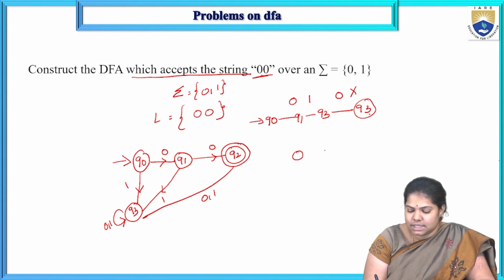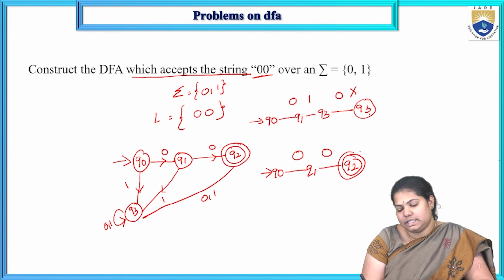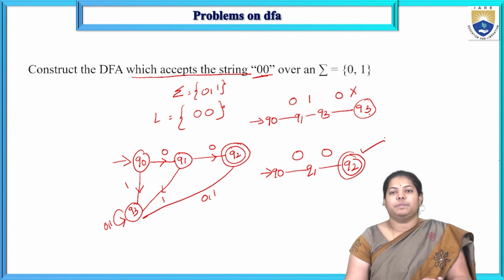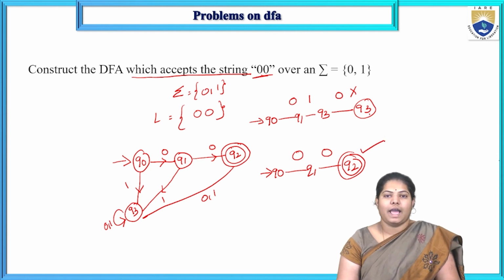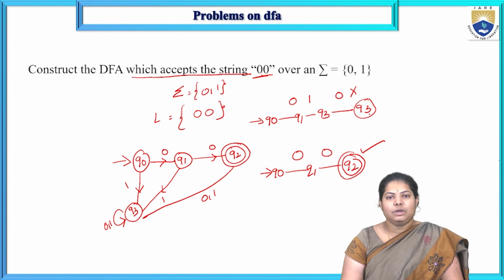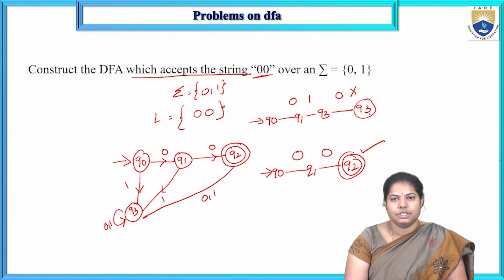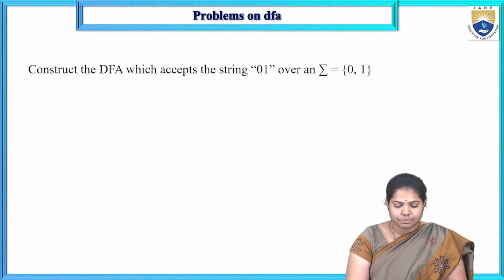If I check the string 0 0, I start with Q0. On seeing 0, I reach Q1, and on seeing 0, I reach Q2, which is a final state. So this particular finite automaton accepts only a single string, 0 0, which is of string length 2.